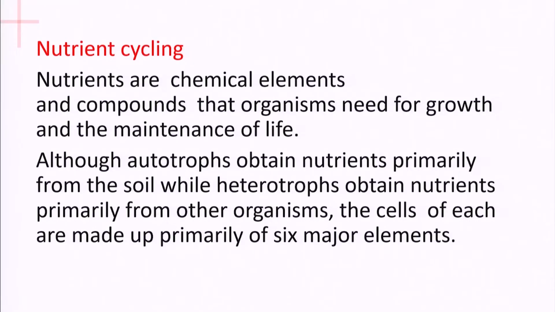The nutrient cycling. Nutrients are chemical elements and compounds that organisms need for growth and for maintenance of life. Although autotrophs obtain nutrients primarily from the soil, while heterotrophs obtain nutrients primarily from other organisms, the cells of each are made up primarily of 6 major elements.